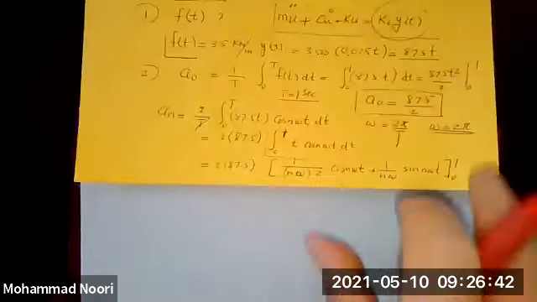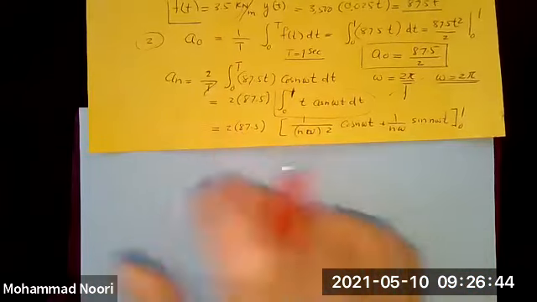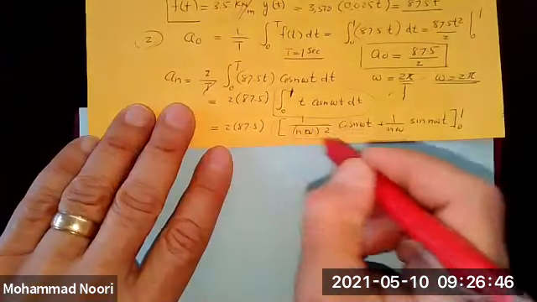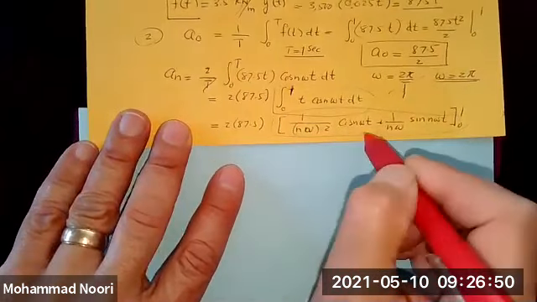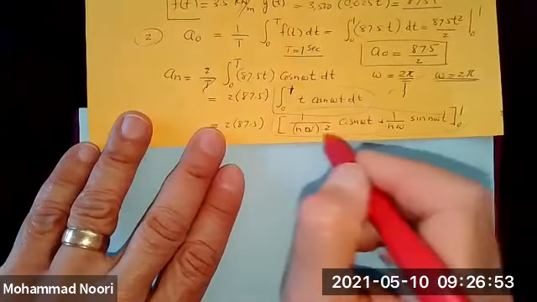Okay, so let's do the substitution. Professor, can you show the bottom of that page real quick again? Sure. Here you go. That is the integral, this integration by parts that has been evaluated. So that's the result of this integration.